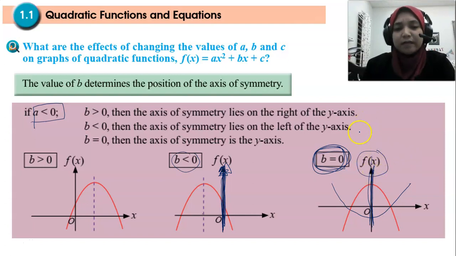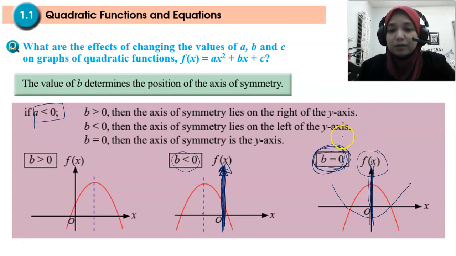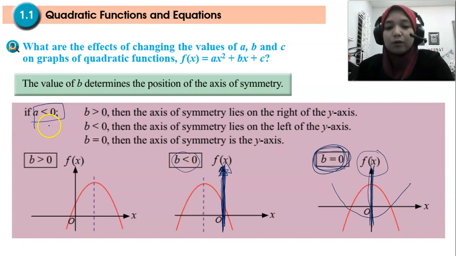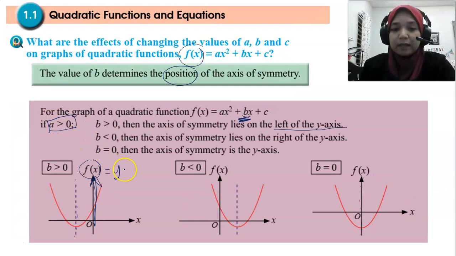So, macam mana cara nak ingat sebenarnya cikgu? Cara nak ingat, awak pilih salah satu. Sama ada awak hafal, betul-betul faham when A greater than 0 or A less than 0. Lepas tu lagi satu tu awak tak payah hafal. Awak cuma take note saja. Kalau awak hafal yang A greater than 0, so take note for A less than 0, B dia akan jadi opposite.